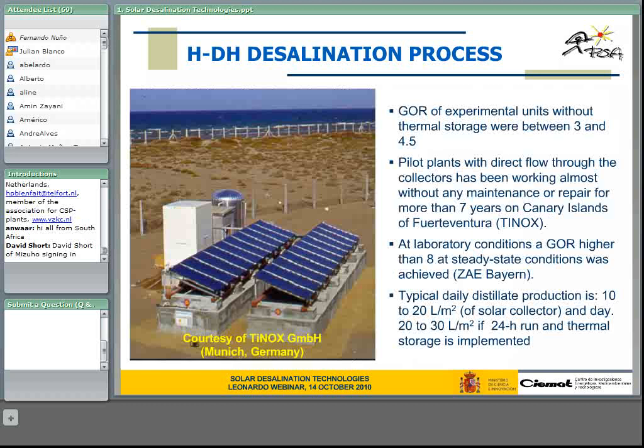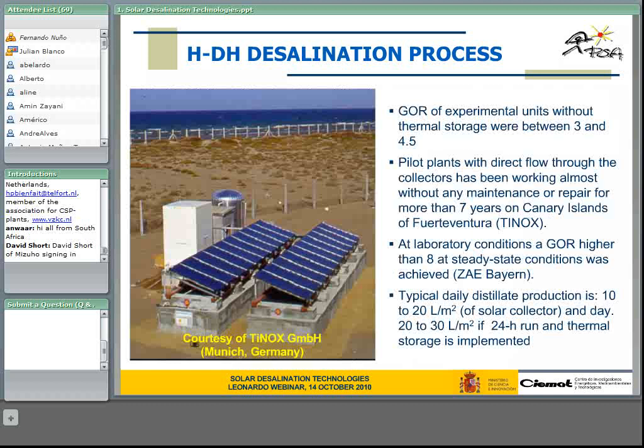A number of installations have been installed in the Canary Islands and other places in the Mediterranean and North Africa, with a number of years without many major problems of repair or maintenance. At the laboratory level, in one case in Germany, a GOR higher than 8 has been achieved.